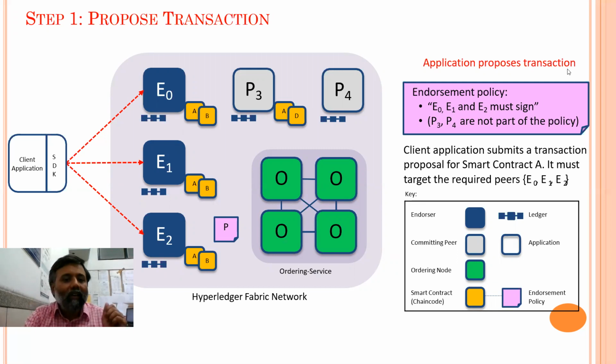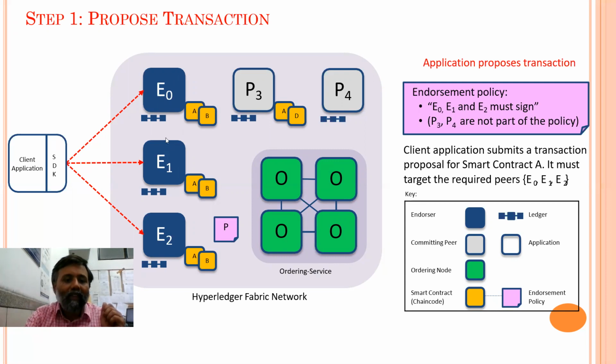So the application proposes the transaction. These are the smart contracts, that is, the chain code on the Hyperledger Fabric network. This is the ordering service. These are the ledgers, which are maintained by endorsers and committers as well.